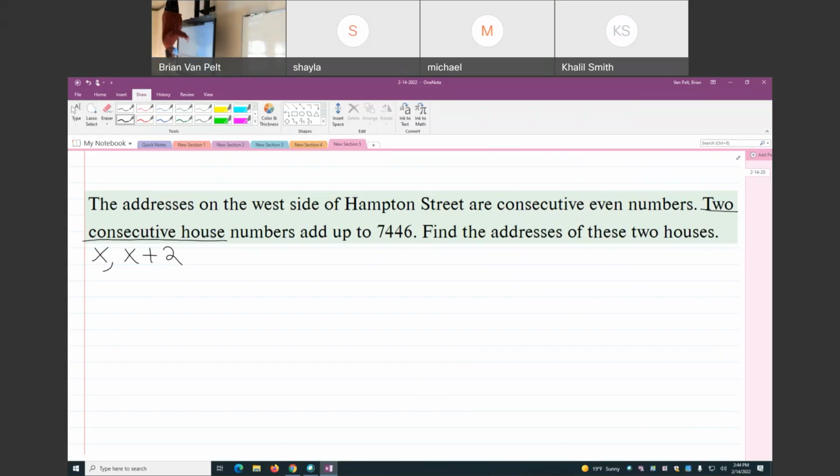No, x is not going to be close. Just like saying the smaller one equals the larger one. Does that mean anything to you?